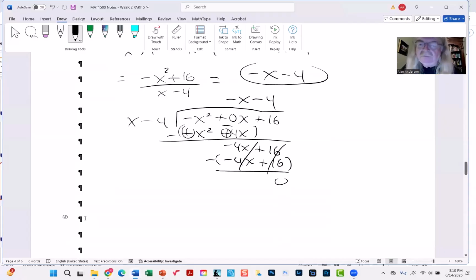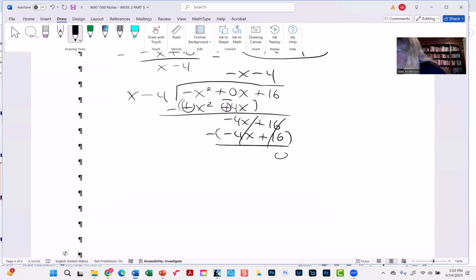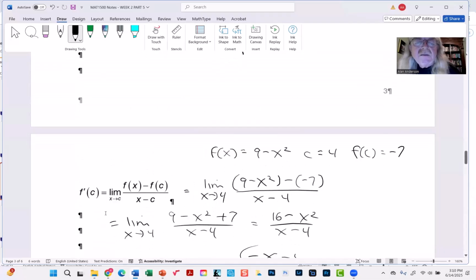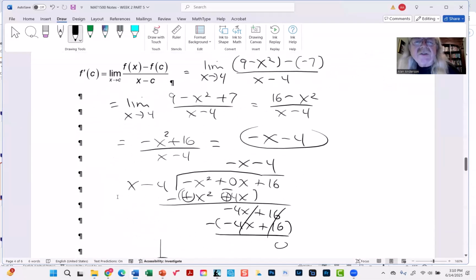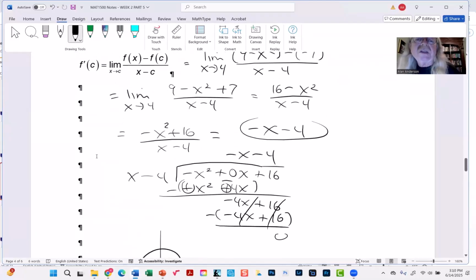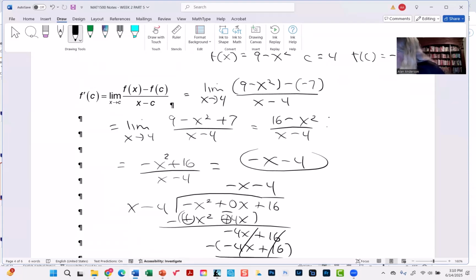So the limit of this expression as x goes to 4, if we directly substitute 4 into here, we're going to have a real problem.